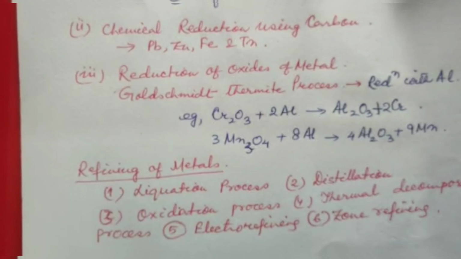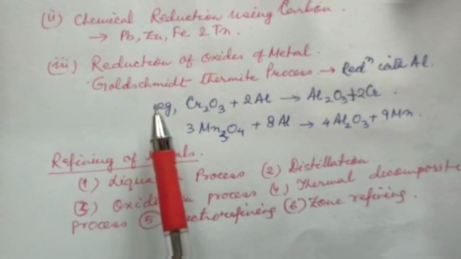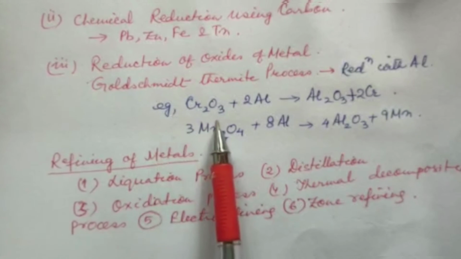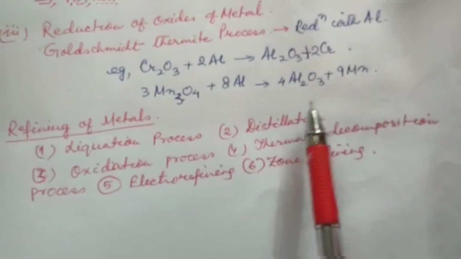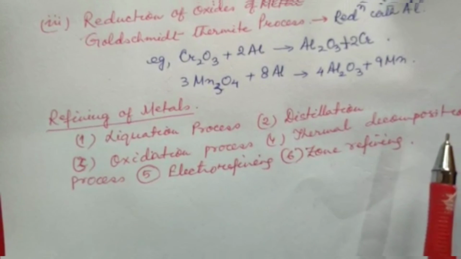This is called the Goldschmidt thermite process. The examples of this reaction are as follows. This completes the various steps involved in the metallurgical processes.